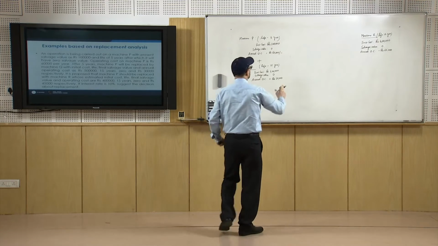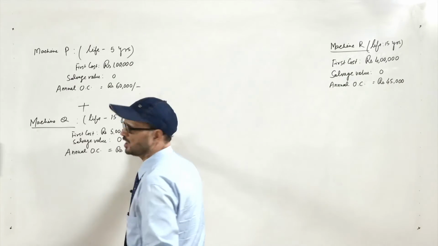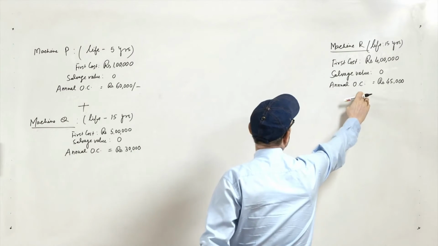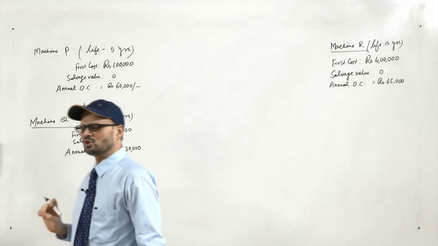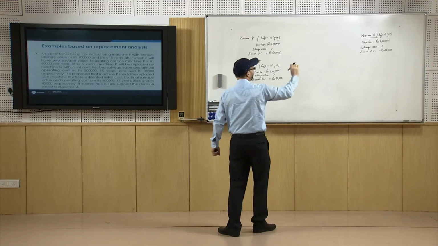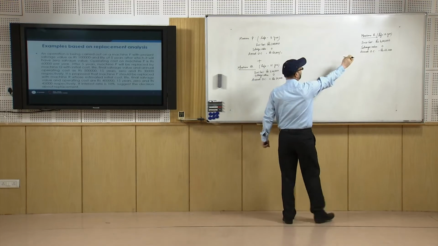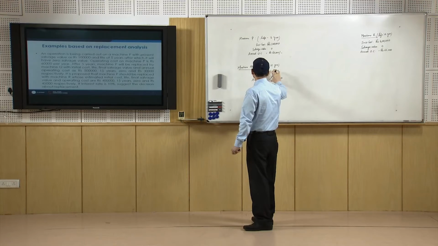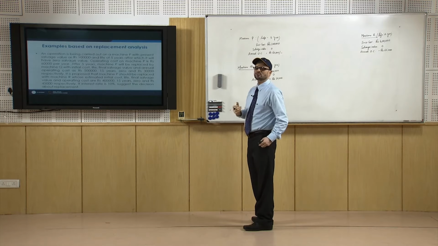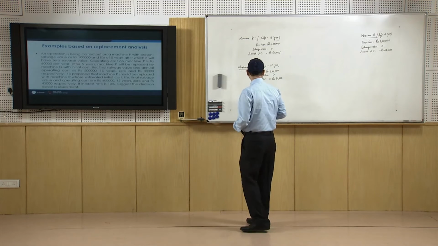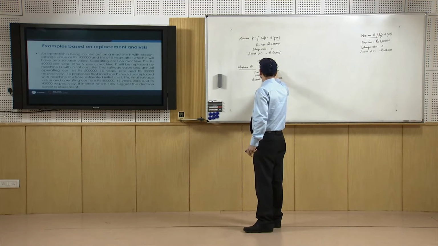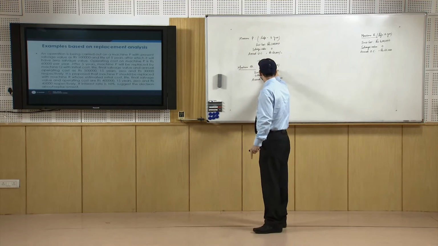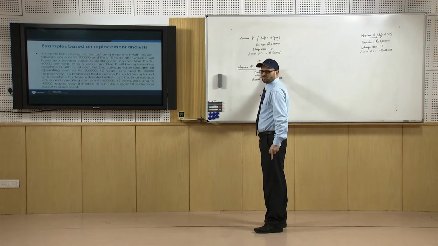Now, we see that the life of these two altogether is 20 years and the life of this is 15 years. So, if we take the study period as 15 years, it means 5 years of this machine will be unutilized. So, in that case we have to find the implied salvage value of this machine after 10 years.